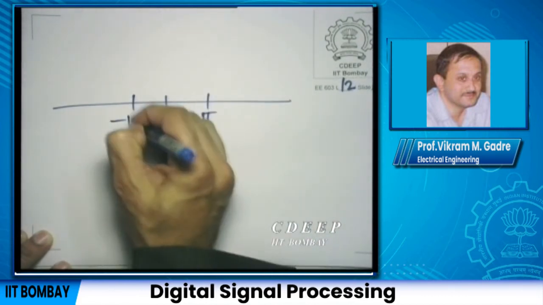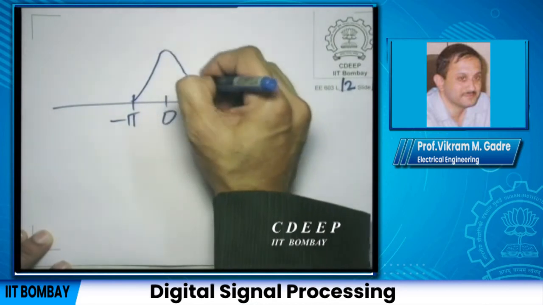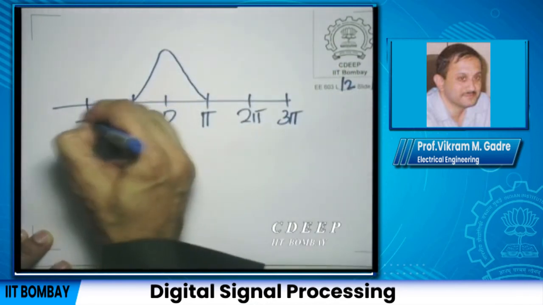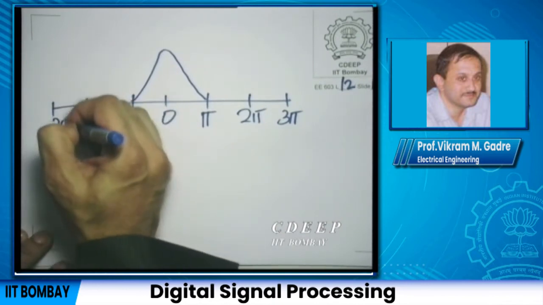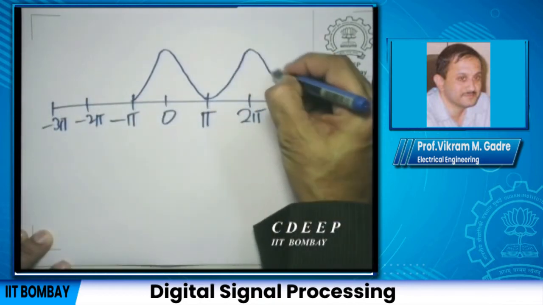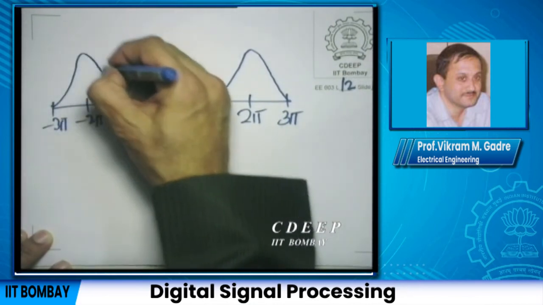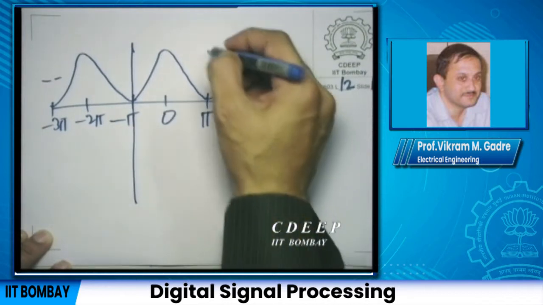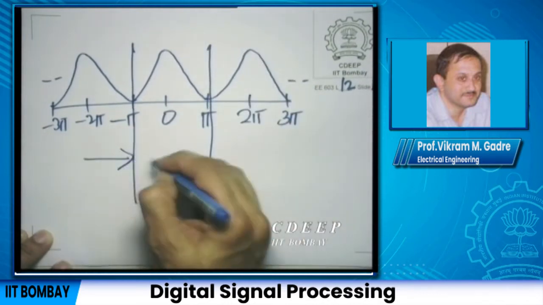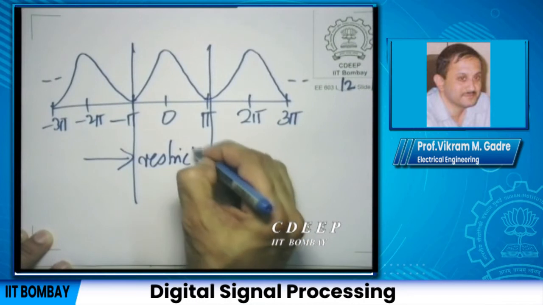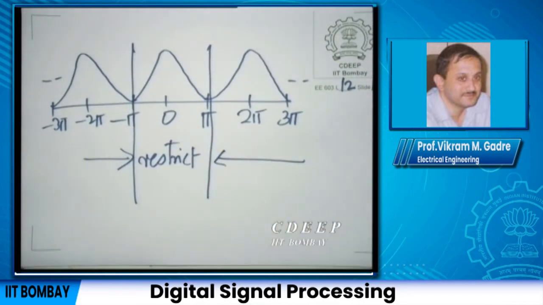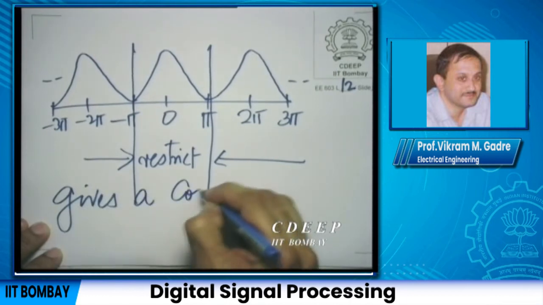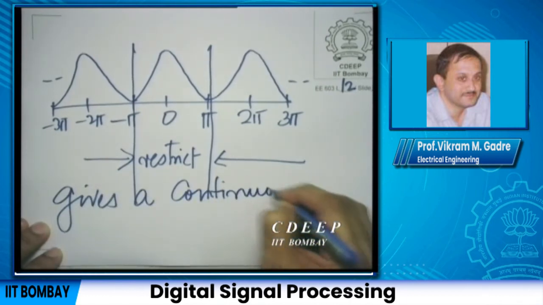I am showing a couple of periods. This is of course periodic with period 2 pi. Now restrict it. This gives a continuous time band limited signal.